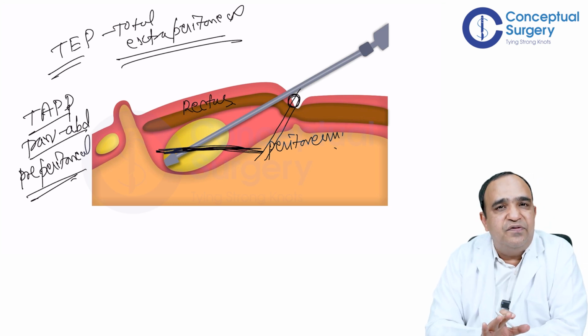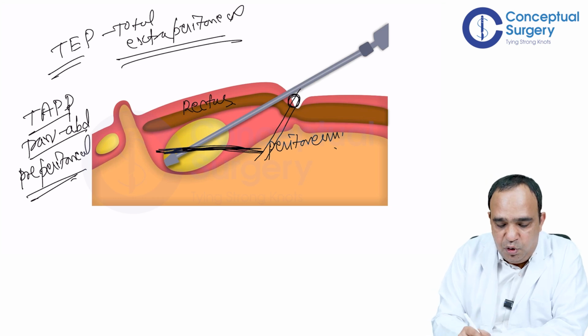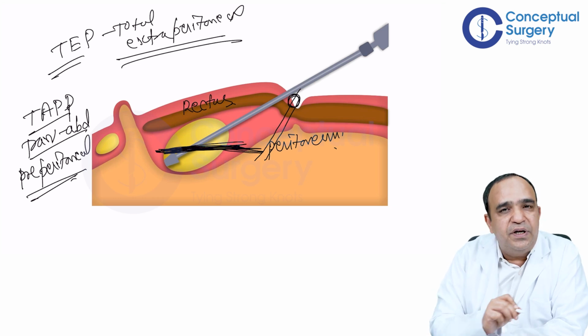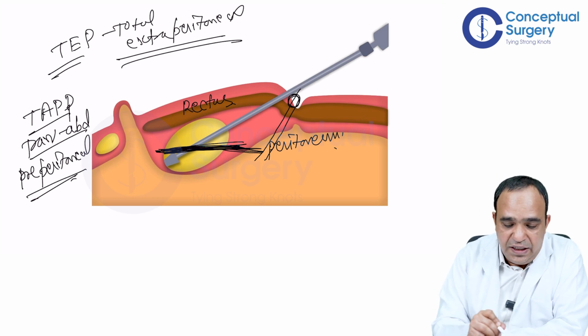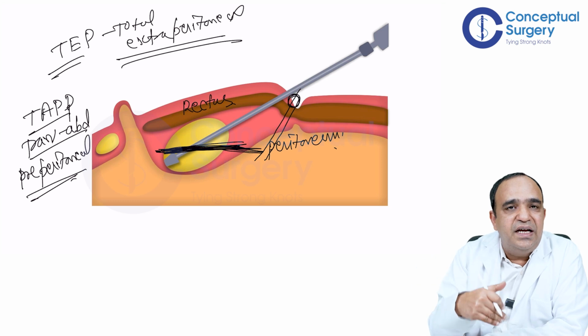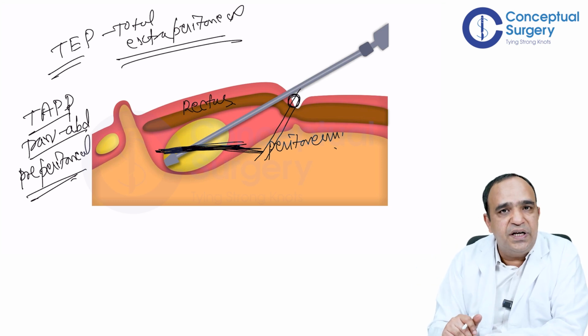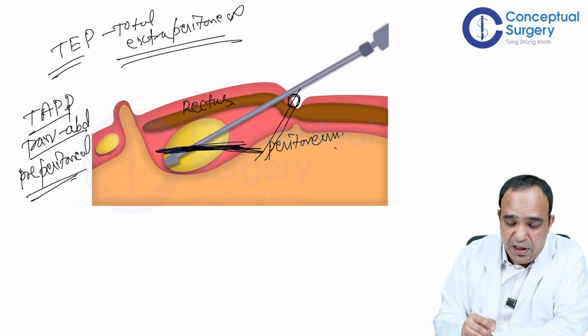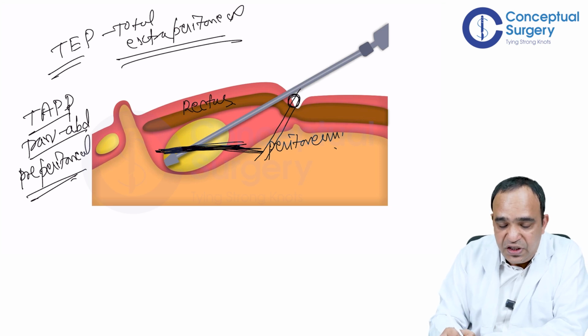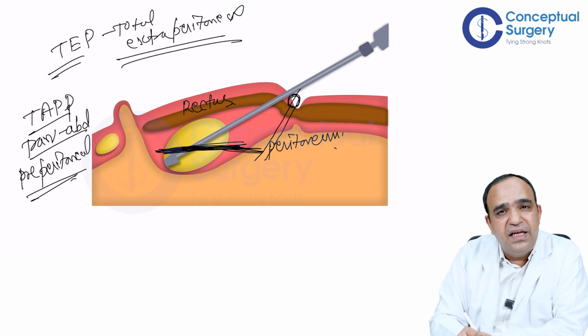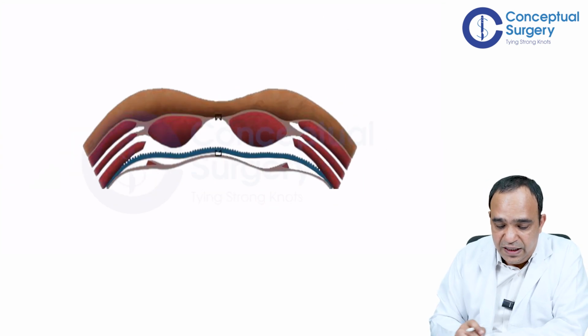That's the only difference. The end result is the same in both: we place a mesh in the preperitoneal space, but in TEP we directly enter the preperitoneal space and don't enter the abdomen, whereas in TAPP we first enter the abdomen, then create a preperitoneal space and place a mesh. I hope it is now very clear to you.